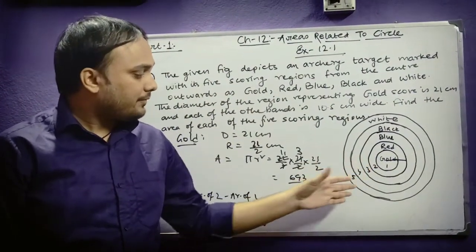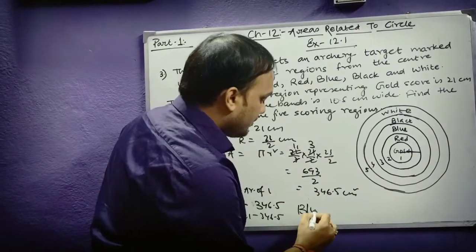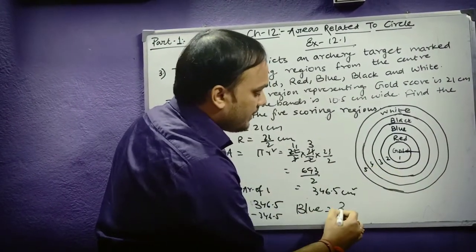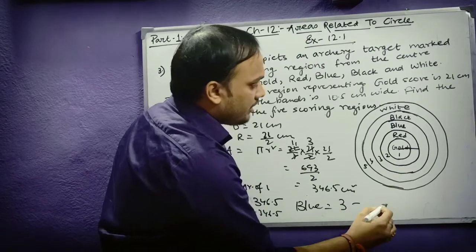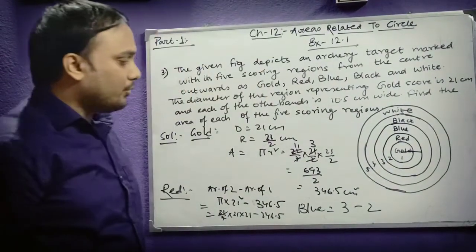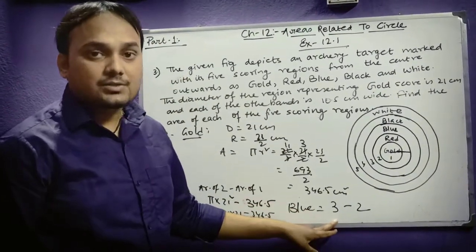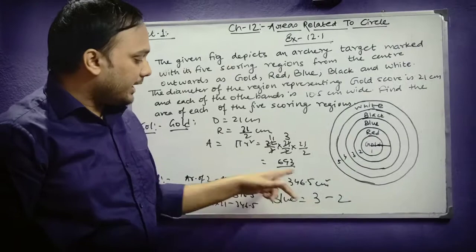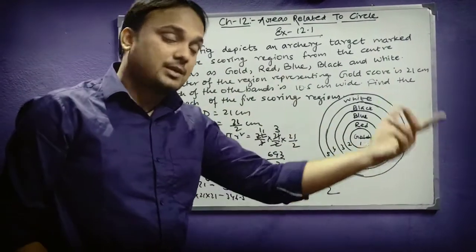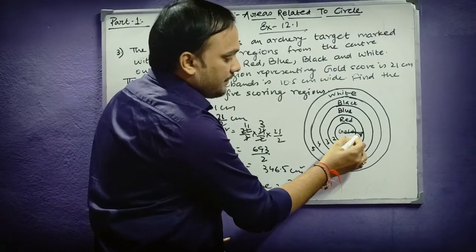After finding the area of the red band, what will be the area of the blue band? Blue will be equal to the area of circle number 3 minus the area of circle number 2. The area of circle number 3 will be pi r square, where the radius will be 10.5 plus 10.5 plus 10.5, because this is 10.5, this is 10.5 and this is 10.5.